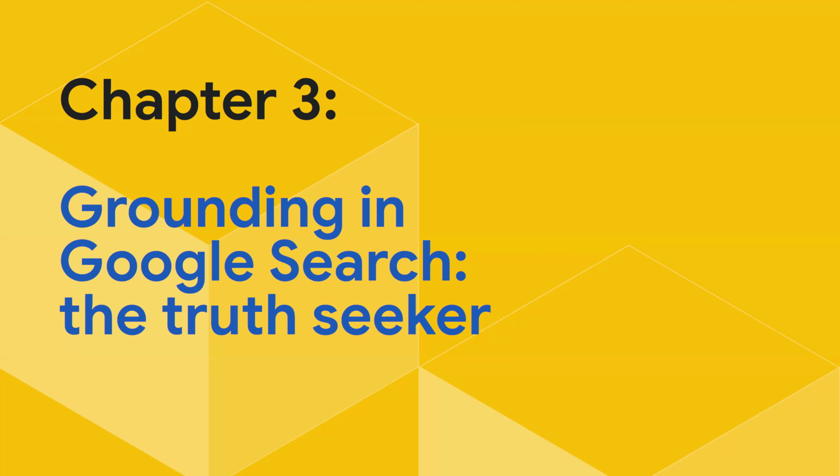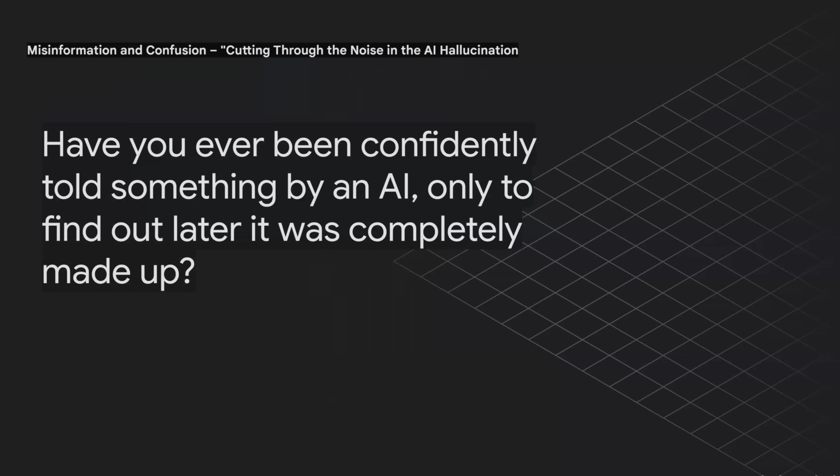Now we're going to talk about another feature that Google does quite well, which is grounding in Google Search. Okay. And so have you ever been confidently told something by an AI, only to find out later that it was completely made up? Yeah. All the time. Okay, all the time.